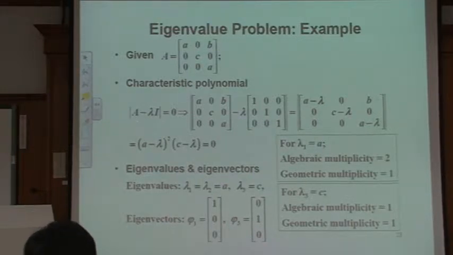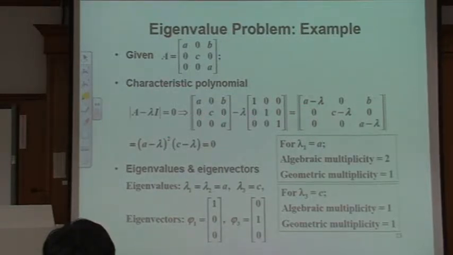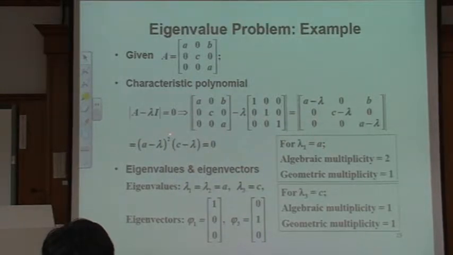For example, the first one, we have this matrix A like here, and we calculate its characteristic function here. And we get two eigenvalues. Lambda 1 is equal to a, and it repeats twice.